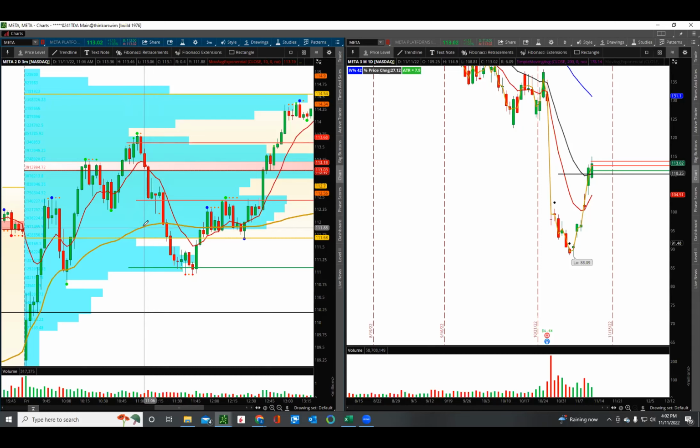So one way to think about VWAP is, if you're above VWAP, you're bullish. If you're below VWAP, you're bearish. But you also need to recognize that the farther price gets from VWAP, the more it's going to want to retrace to VWAP. And once you get to the VWAP, then the question is, are you going to get through it, right?